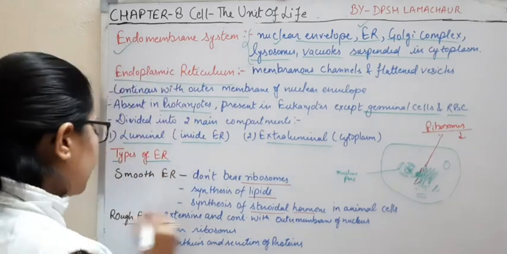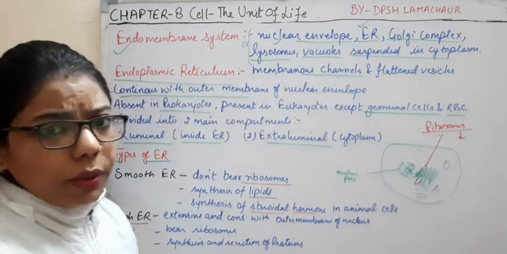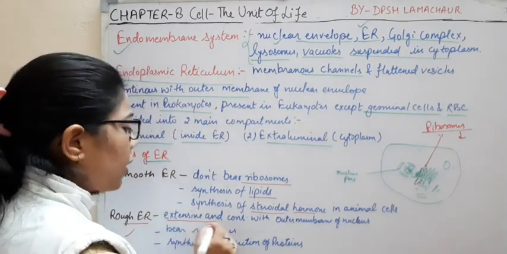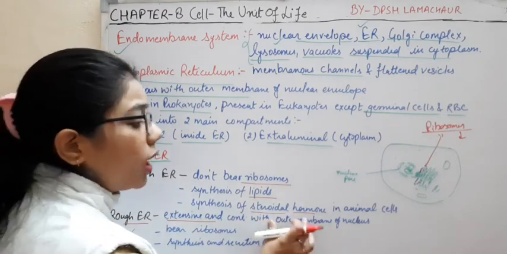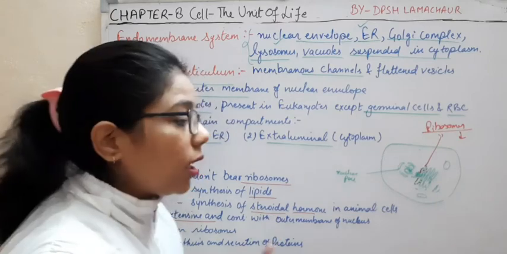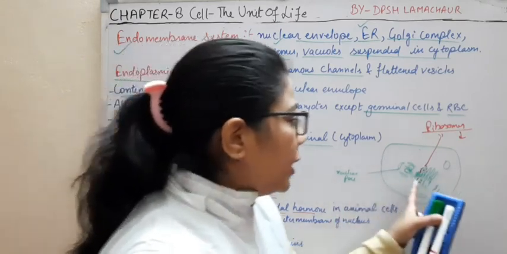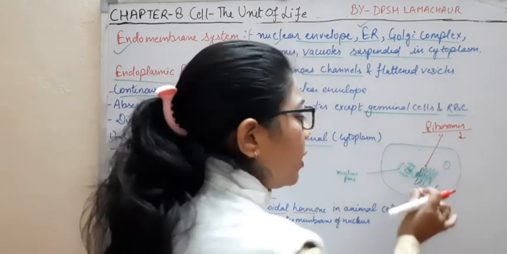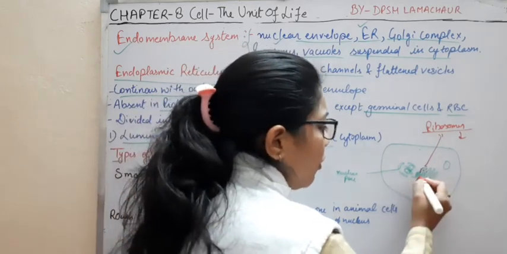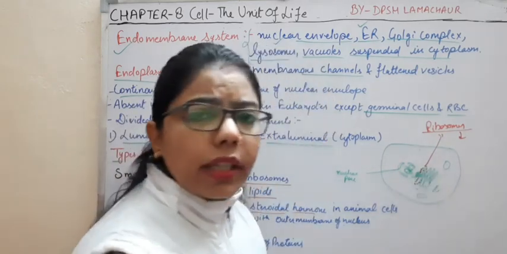Now comes the rough endoplasmic reticulum. Rough endoplasmic reticulum, these again are extensive and continuous with the outer membrane of the nucleus. You can see it very well here, how I have drawn the rough endoplasmic reticulum, which is continuous with this nuclear envelope.